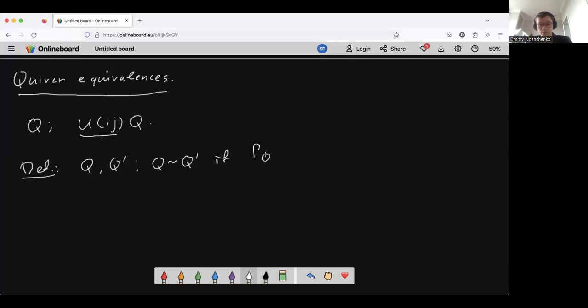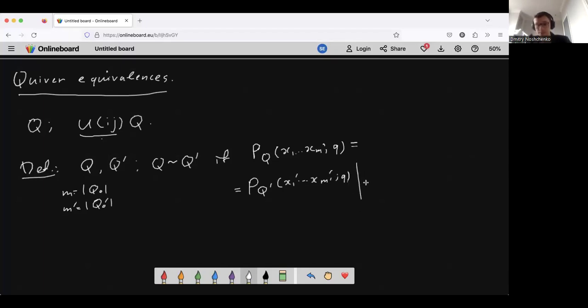So if P of Q of x1 to xm, where m is the size of Q0, and I set m prime as the size of Q0 prime, equals P of Q prime with some other generating parameters, but we allow here for this equality to hold when these parameters are related in some way.